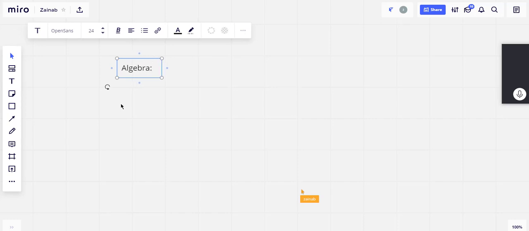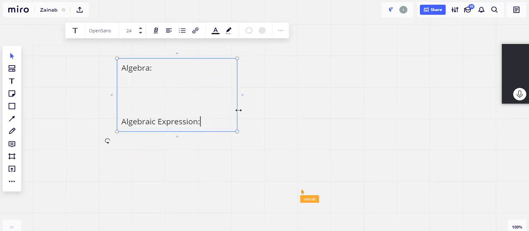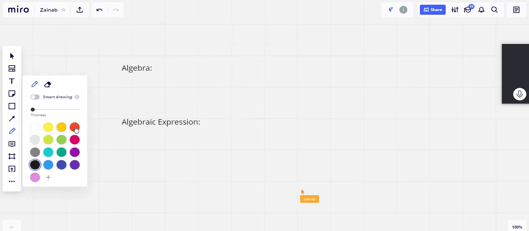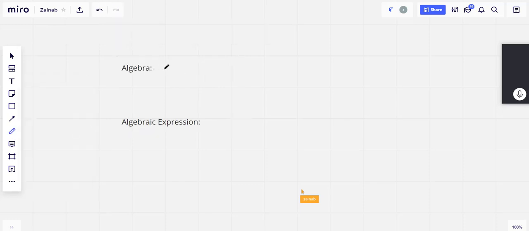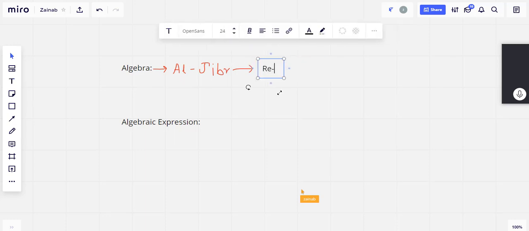If we look at the word algebra, it is actually derived from an Arabic word, and the meaning of algebra is reunion of broken parts.